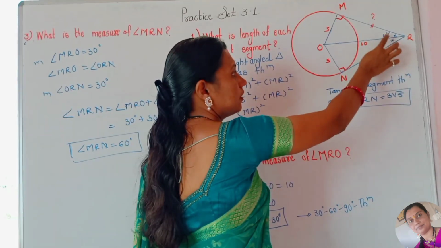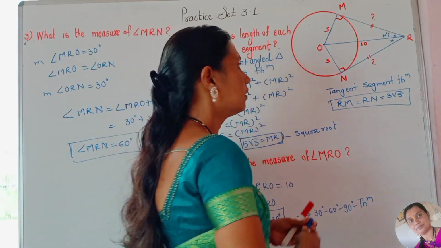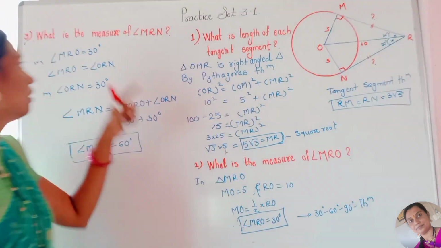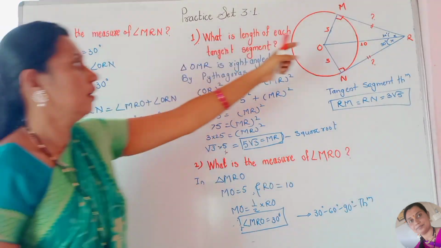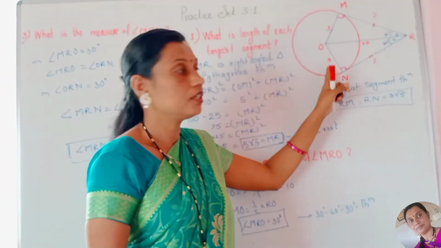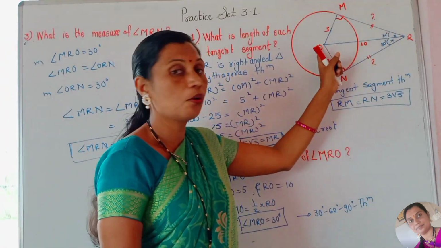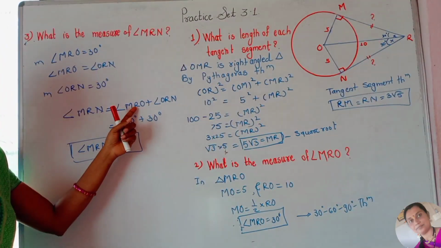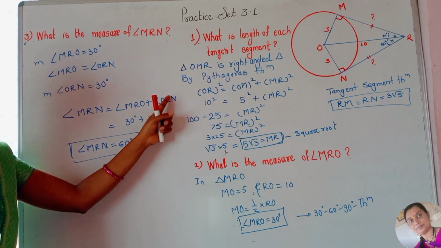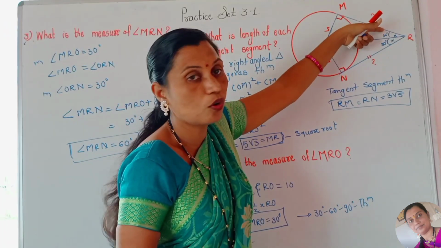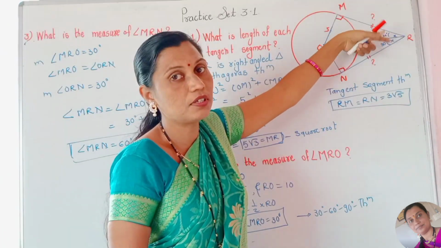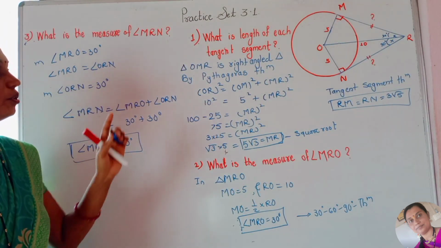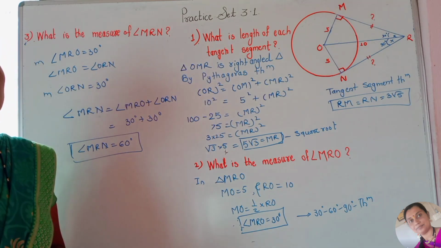Therefore, this angle is 30 degrees and this angle is also 30 degrees, and therefore we can find angle MRN. Angle MRN is equal to angle MRO plus angle ORN. But these both angles are congruent, therefore both have the same measurement, 30 degrees, 30 degrees. 30 degrees plus 30 degrees is equal to 60 degrees. Angle MRN is equal to 60 degrees.